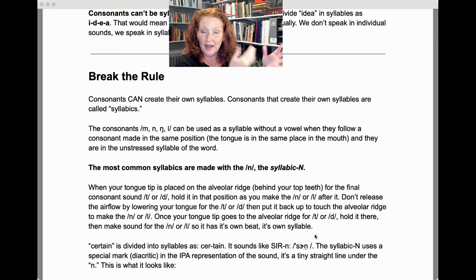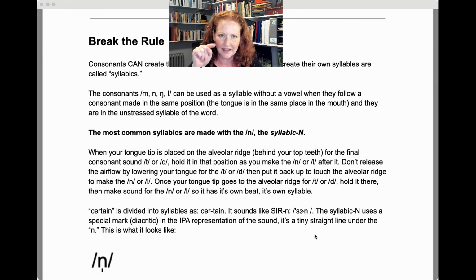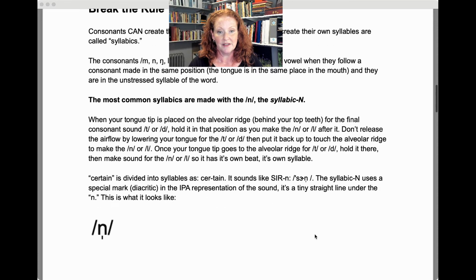You can reduce that effort and movement by just saying certain. That's it. You have to make the beat. Certain. That's it. It's represented in phonetics as IPA symbols, as an N with a little line under it. So that little line is telling you to make the noise of that sound.